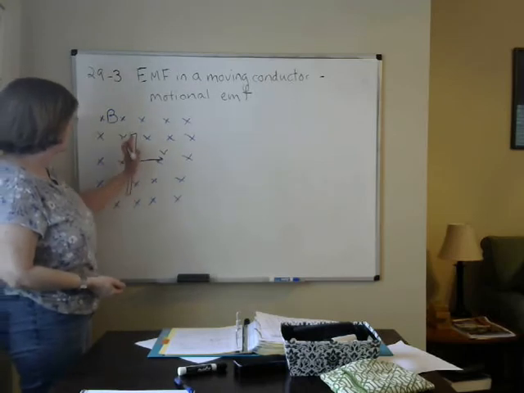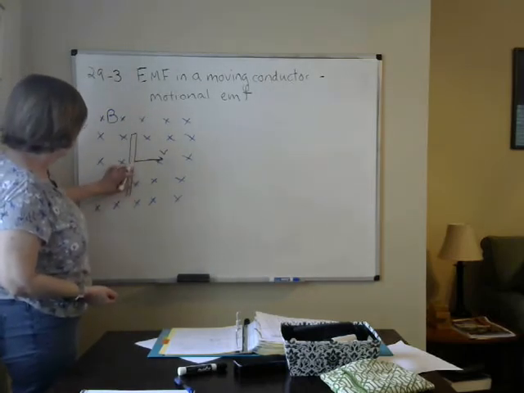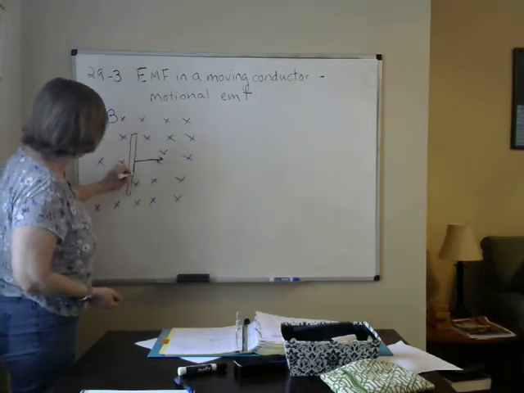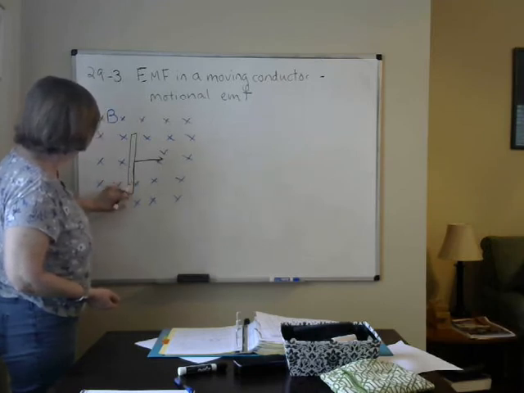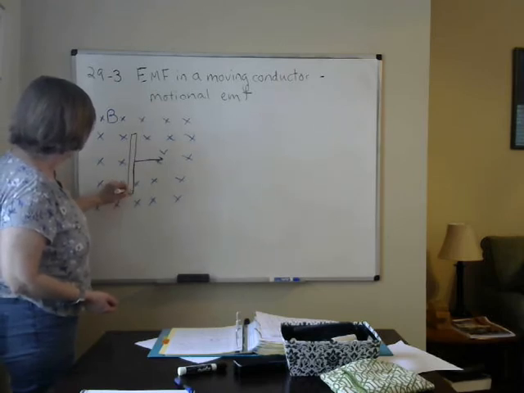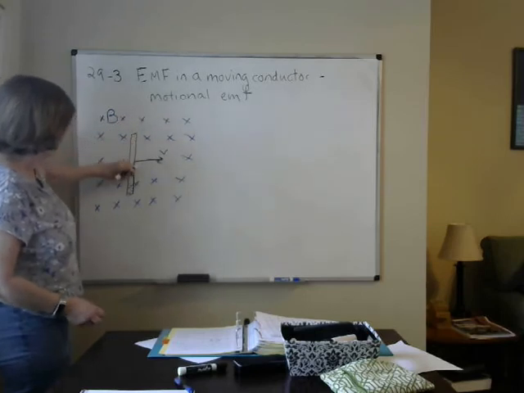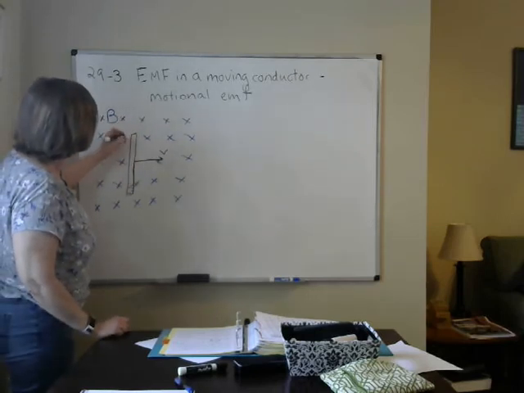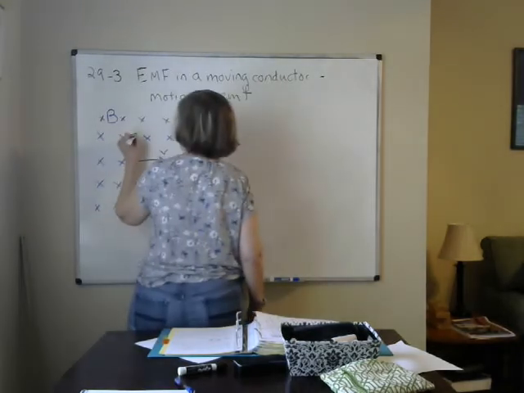So positive charges would feel an upward force. That means, draw this a little wider, that negative charges would feel a downward force. So free electrons would be compelled to move down this way. Well, the end result is if negative charges move this way, positive charges end up here because of conservation of charge.